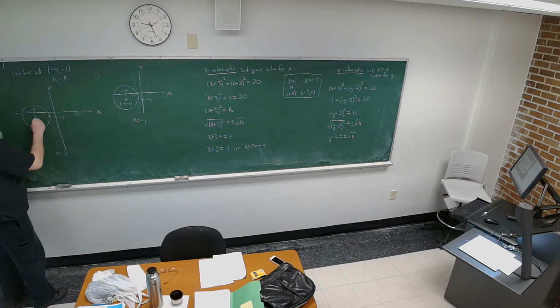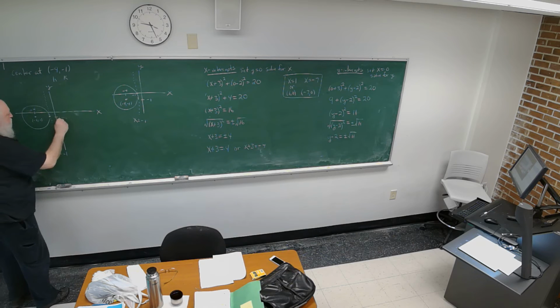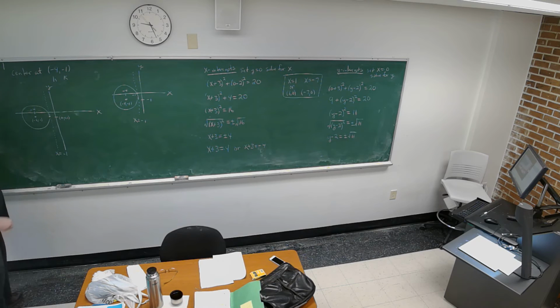Here's the location of our center. Well, that's the point 0, minus 1. This is the point right here where it just touches the circle. This is minus 1 on the x-axis. And so this is the point minus 1, minus 1.